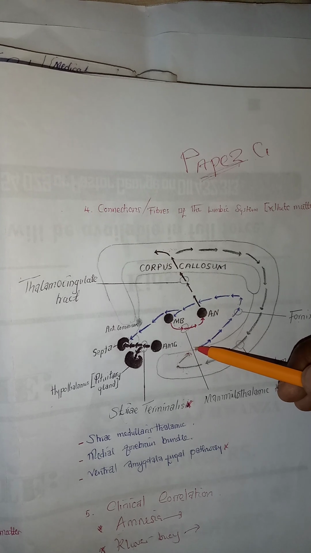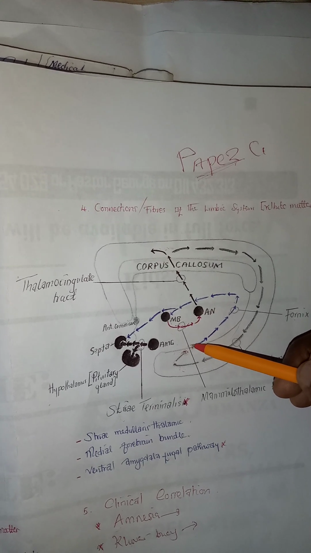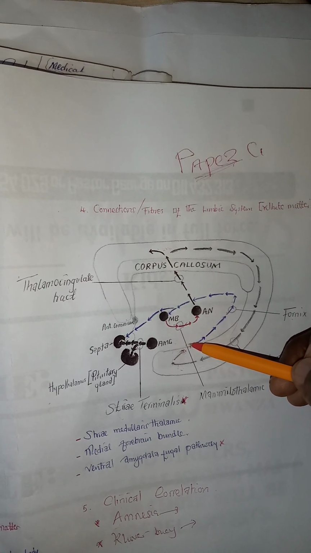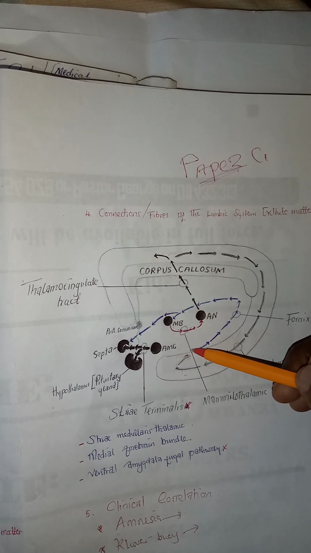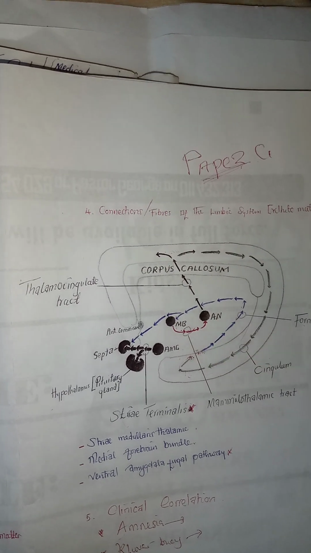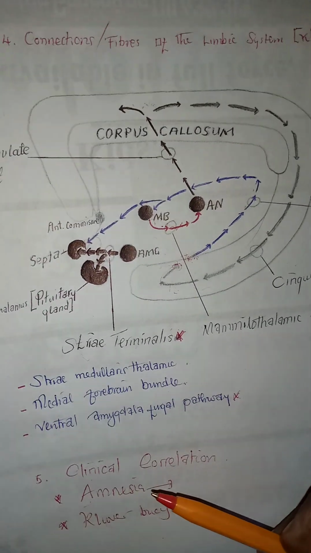If there is damage to this part, the entorhinal cortex or the hippocampus, you lose recent memory. This is the part which can lead to amnesia.